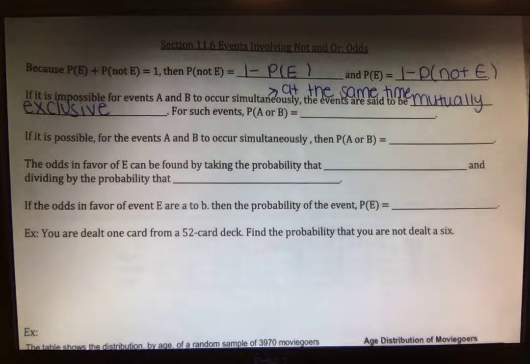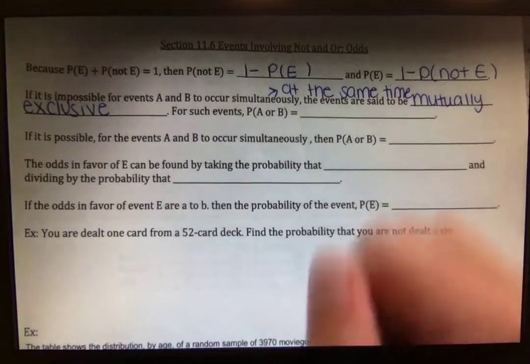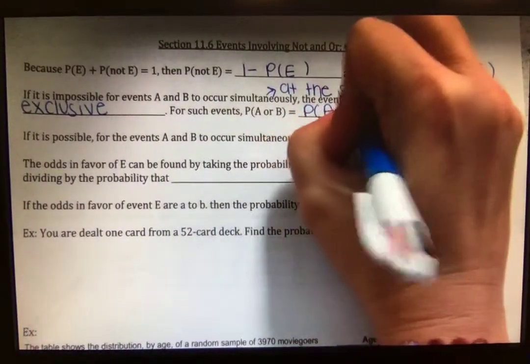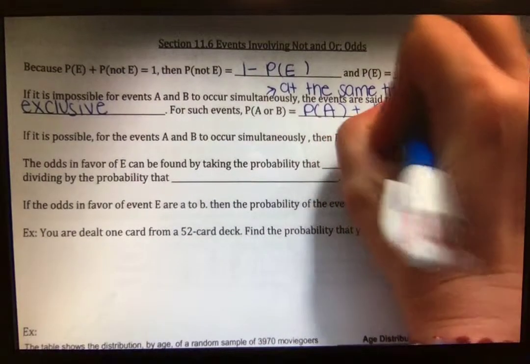For example, it would be impossible for you to have a history class and a math class at 4:30 on Wednesday. You can't be in two places at once. So those two events would be mutually exclusive. You either are in math at 4:30 or you're in history at 4:30. So we have this or option. It's the probability of A plus the probability of B.